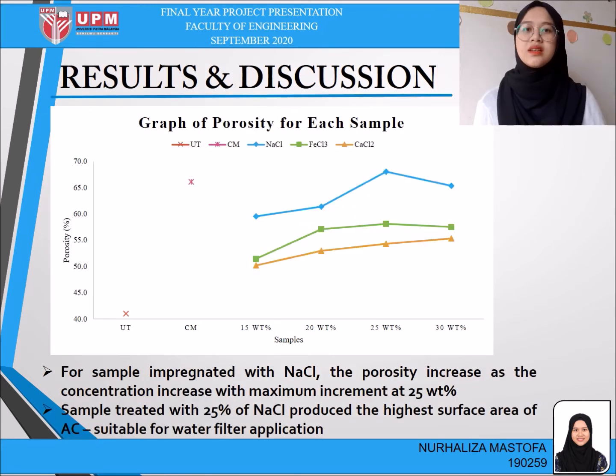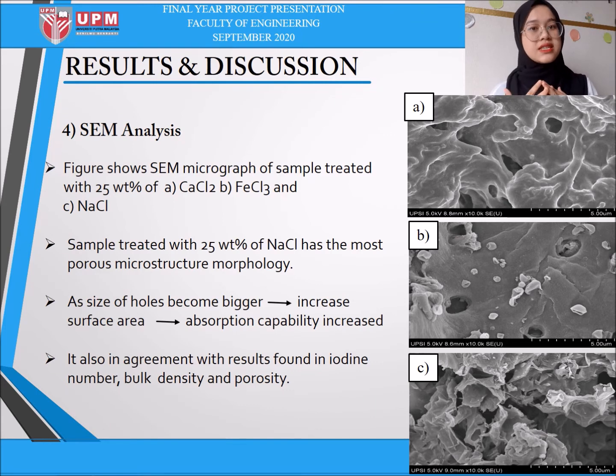The third one is the result for porosity analysis. For the sample impregnated with NaCl, the porosity increased as the concentration increased, with maximum increment at 25%. The sample treated with 25% of NaCl produces the highest surface area of activated carbon, and it is also suitable for water filter application. Lastly, the result for SEM analysis.